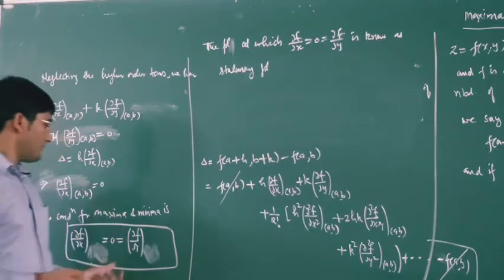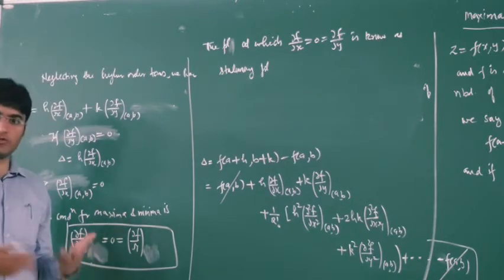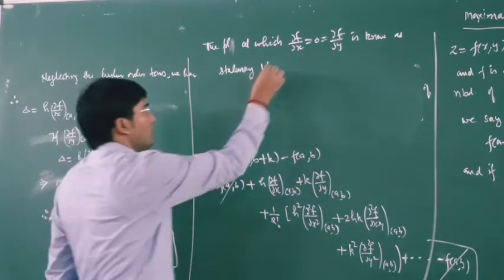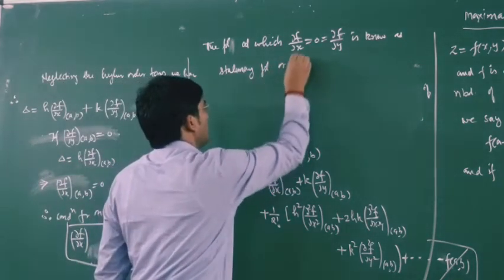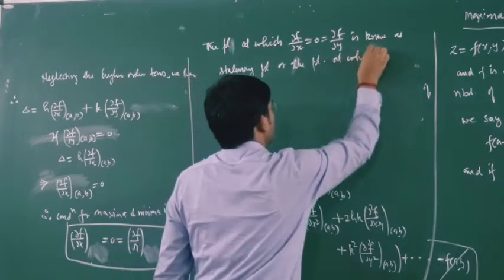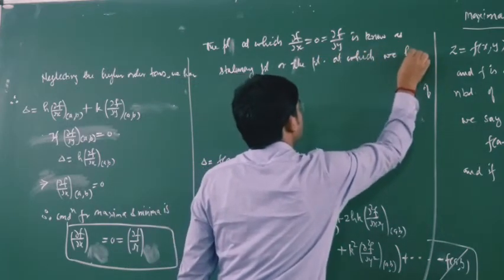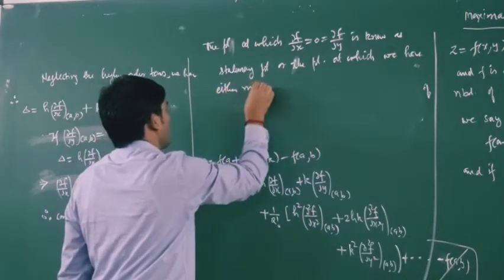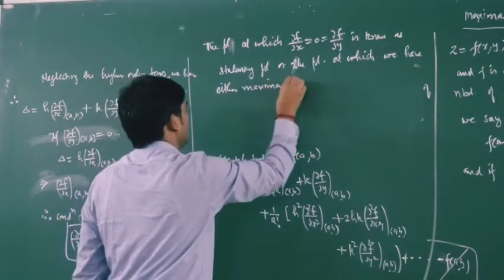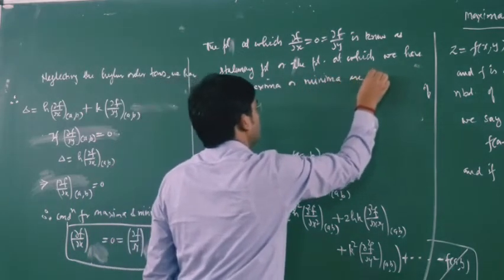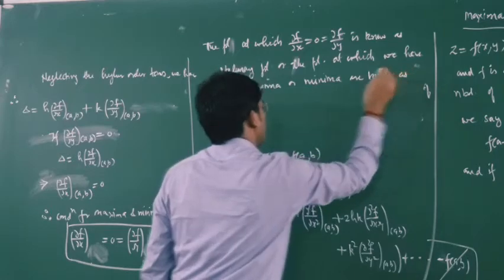That means the points at which we have either maxima or minima are known as stationary points.